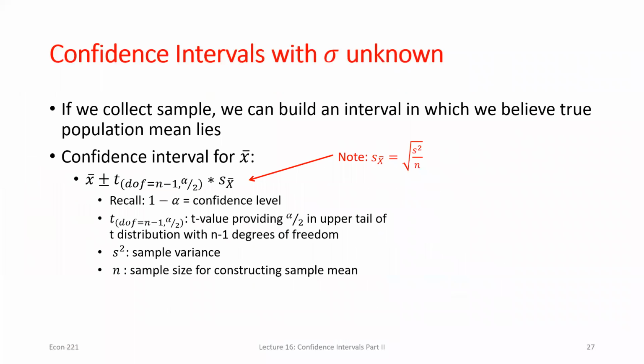But our confidence interval equation really doesn't look hardly any different than it did before. It's just that we're using our sample variance instead of the population variance now. And instead of a z-value that gives us alpha over 2 on each side, we need to look up the t-value for whatever our degrees of freedom is, right? That gives us alpha over 2.